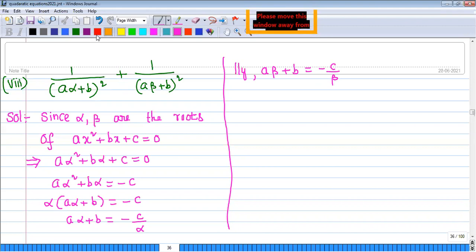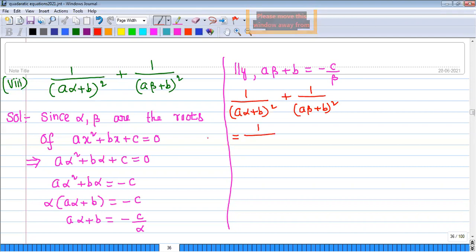Now we need to find out this value: 1 upon A alpha plus B whole square plus 1 upon A beta plus B whole square. That means 1 upon minus C by alpha whole square plus 1 upon minus C upon beta whole square.